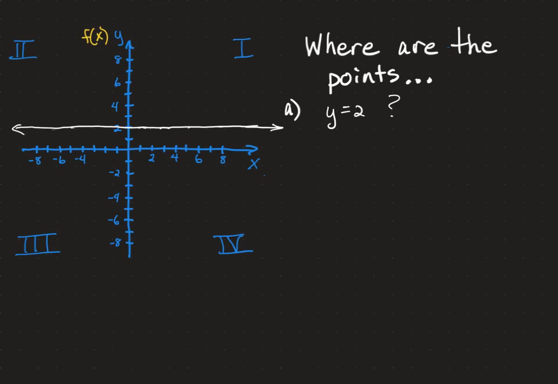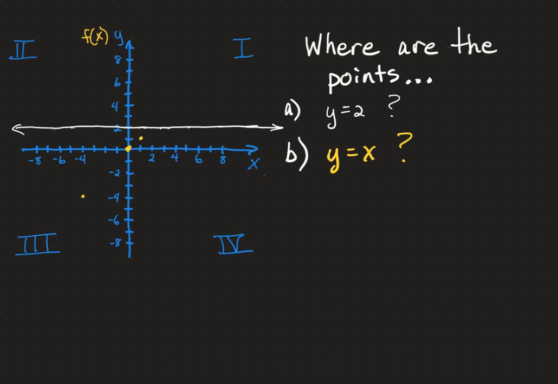All right, next question. Where are the points where y equals x? Let me do this in a different color. Y equals x. Okay, well, at 0, 0, y equals x. At 1, 0, y equals x.